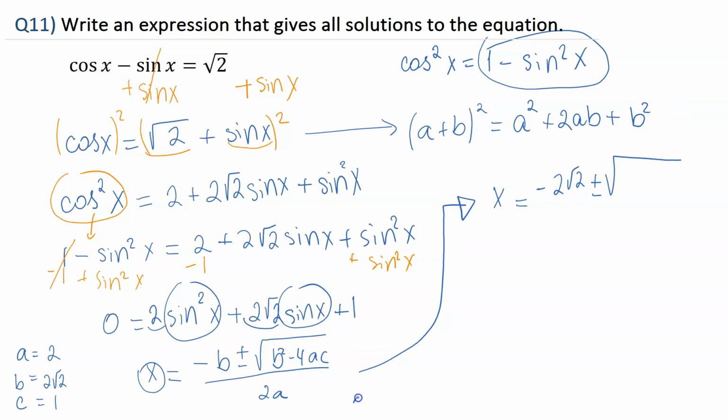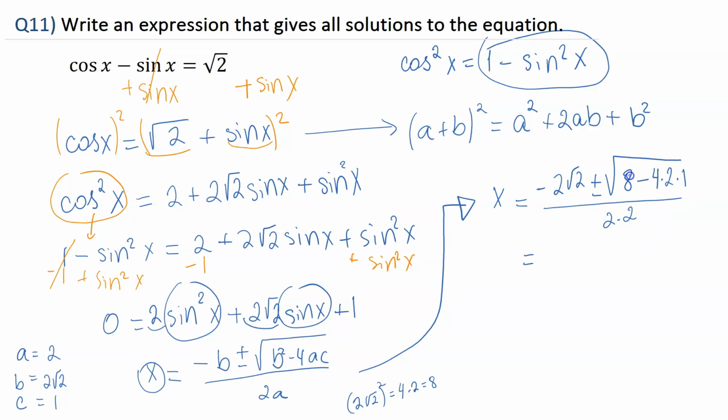Let me do the multiplication here on the side. 2 radical 2 squared is equal to 4 times radical 2 squared is 2, which is equal to 8, minus 4 times a is 2 times c is 1, divided by 2 times a, which is equal to.